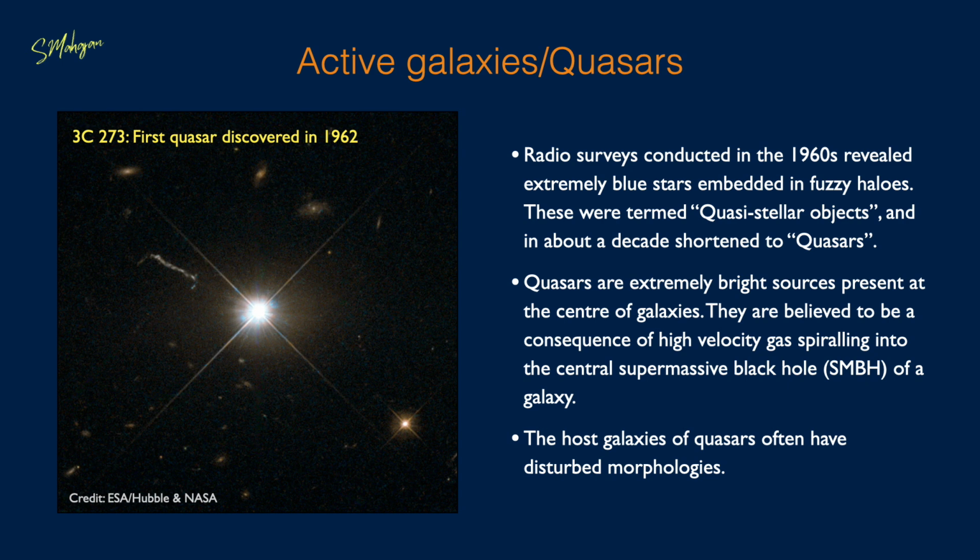Quasars were discovered in 1962 when radio surveys detected extremely blue star-like objects embedded in fuzzy halos. Due to their unknown nature, these objects were termed quasi-stellar objects or quasars. Quasars are believed to be a consequence of high-velocity gas spiraling into the central supermassive black hole of the galaxy.